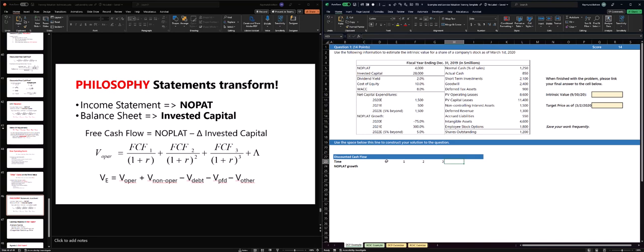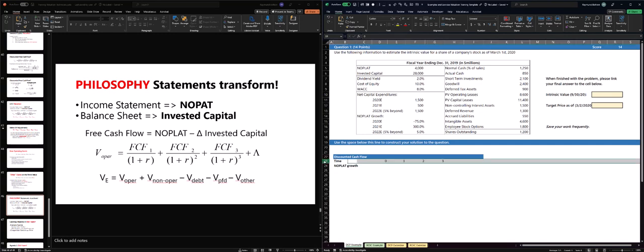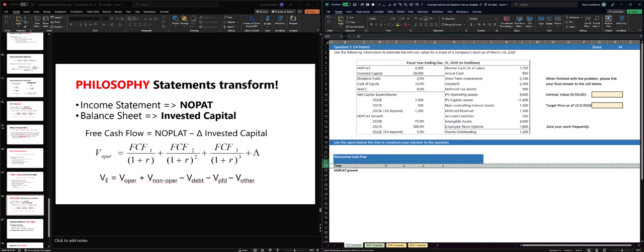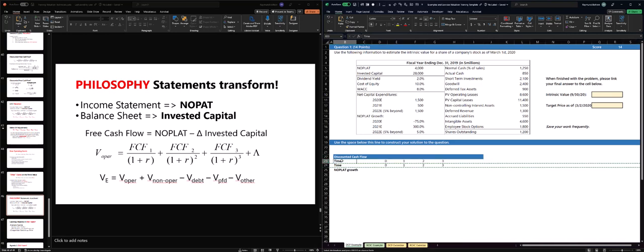Well, 0 is 2019. So I'm just going to add a row right here, and let's just say year 2019.